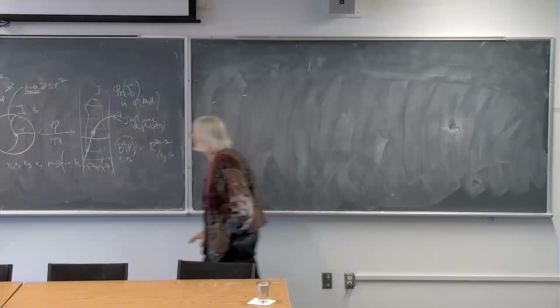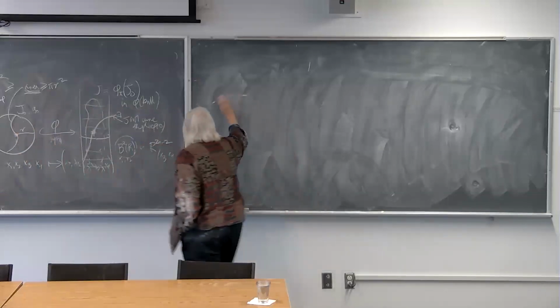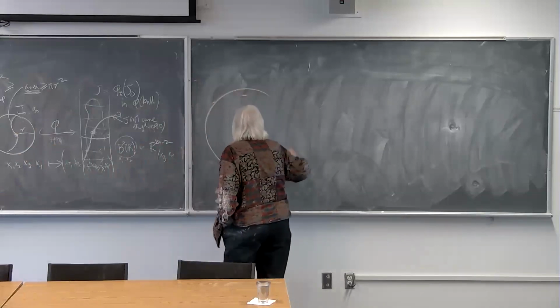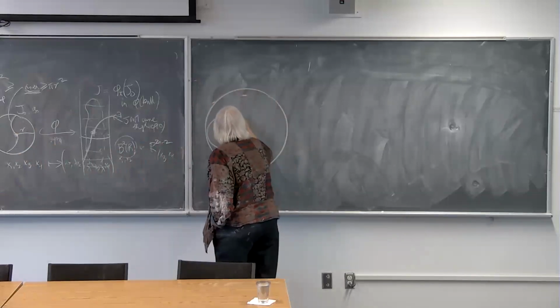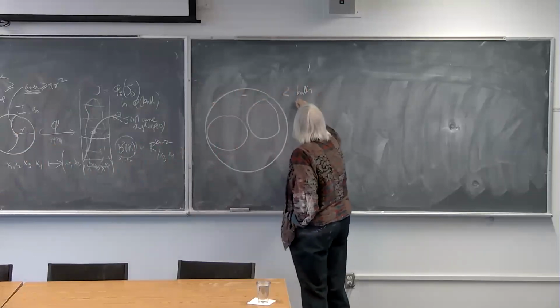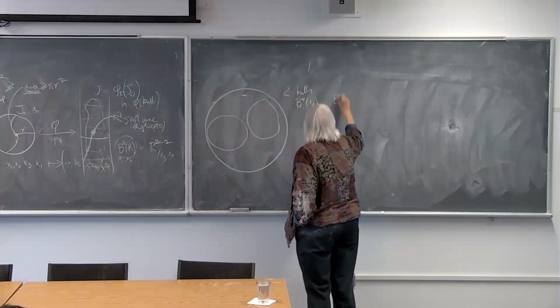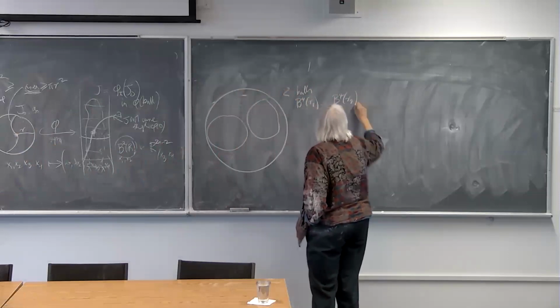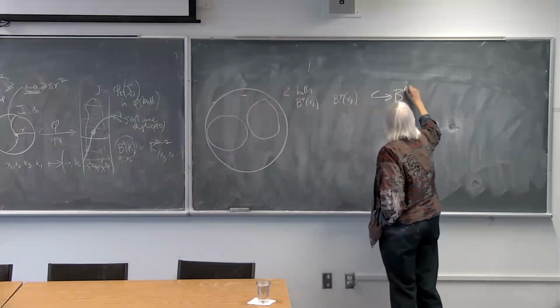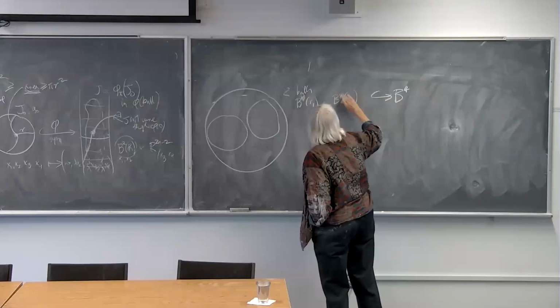Anyway, he also used these ideas to show that if you're trying to embed two disjoint balls, B4 R1 and B4 R2, into some other ball, this actually works in any dimension.